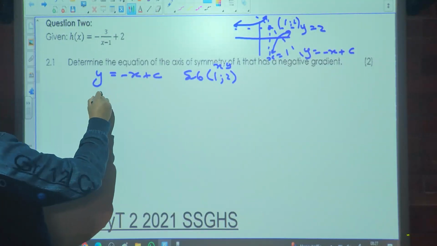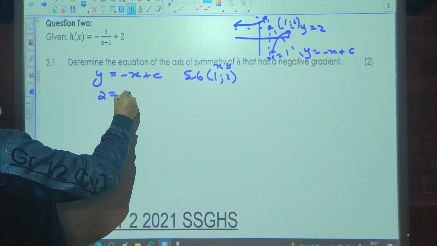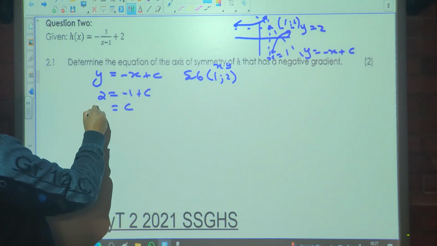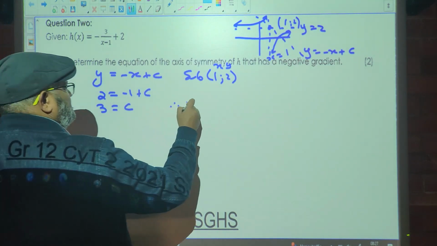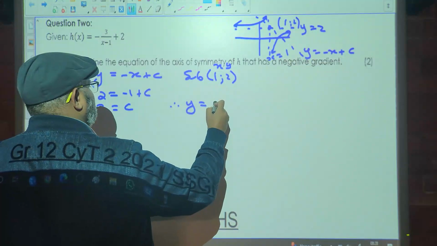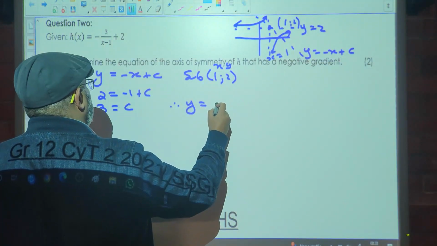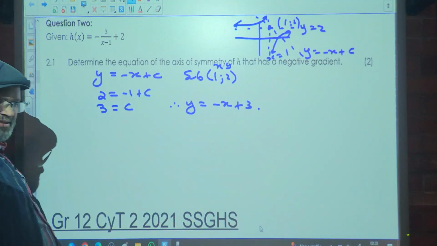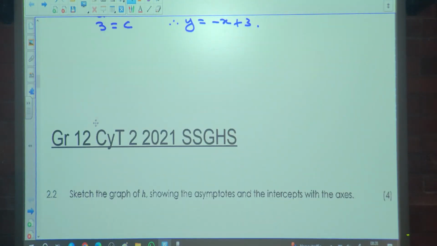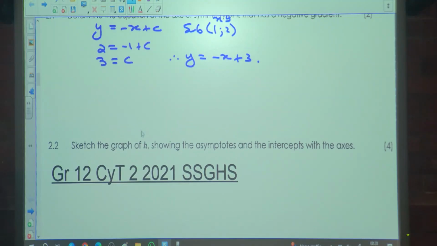Let's say x and y. So 2 = -1 + c, and c works out to be 3. So therefore my equation of the axis of symmetry is y = -x + 3. Okay, let's look at 2.2.